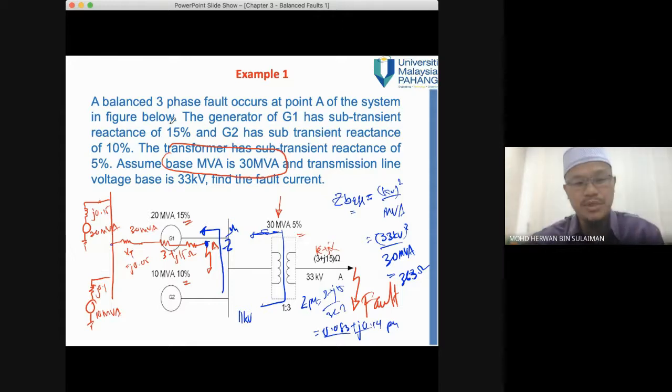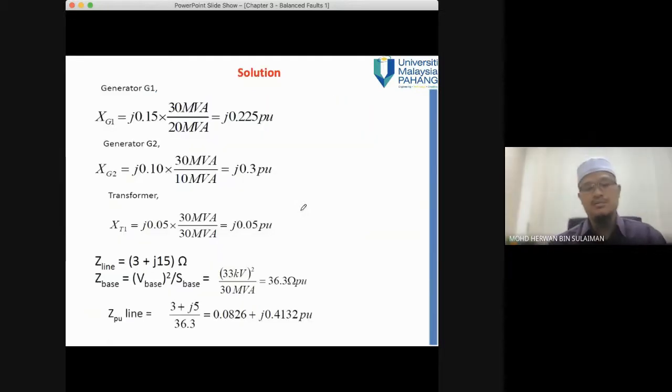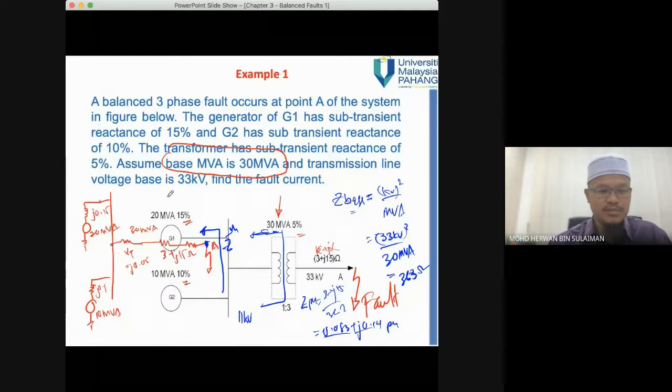So apa yang boleh nampak, and then source ni kita boleh abaikan lah, sebab dia just back EMF kan.